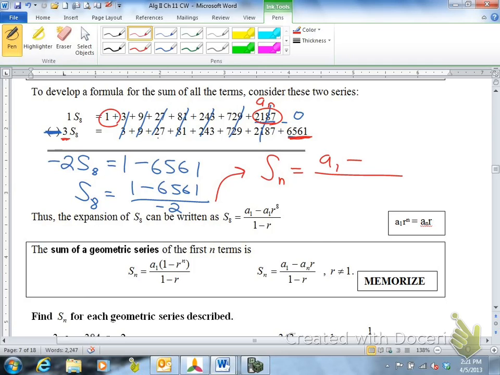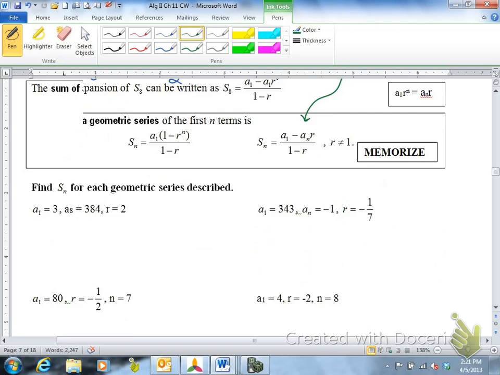So we'd have a sub n times r. And we divided by negative 2, which came from this, which is 1 minus our r value. 3 was r. So 1 minus r. And this formula is what I have written right here. So I'm trying to demonstrate where this formula comes from by using these particular numbers.